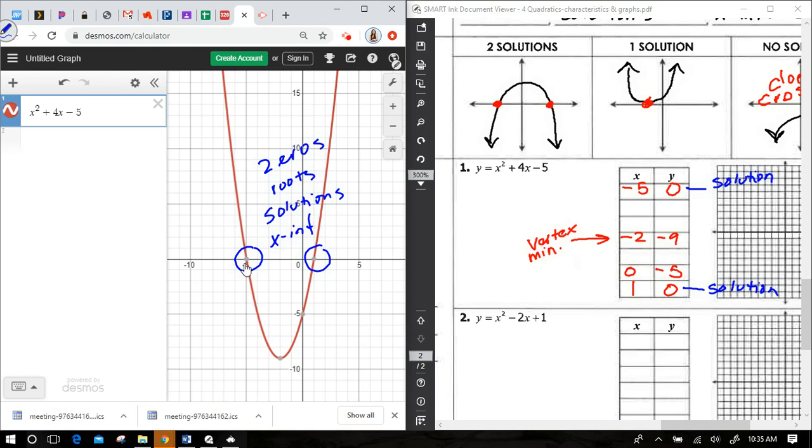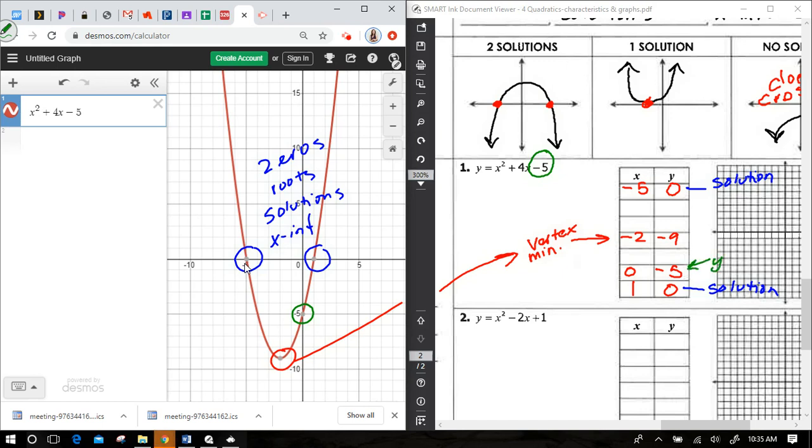Okay, this is the vertex. This is a minimum vertex, right? It goes right there, if I extend that line. And then finally, I have my y-intercept right here, which remember in the equation is that number in the back. Okay, so that's really easy to find.